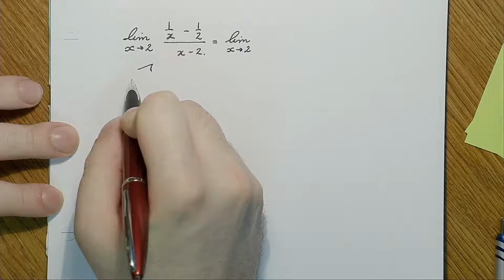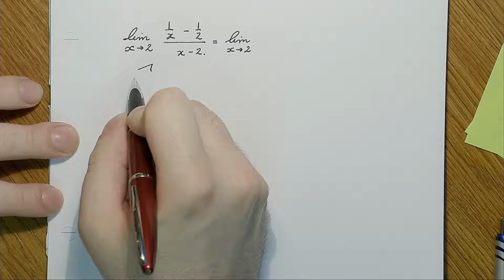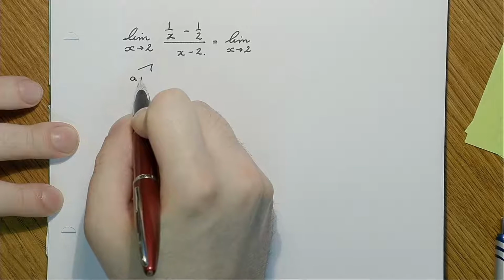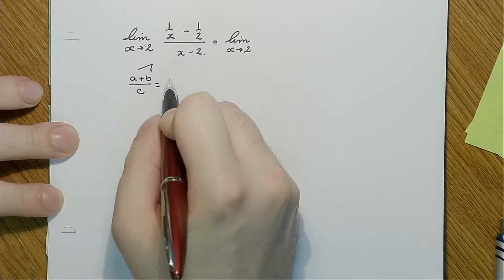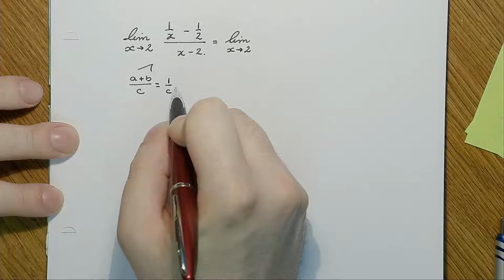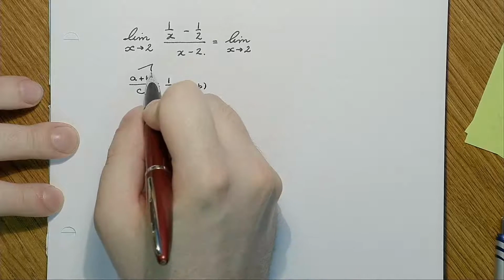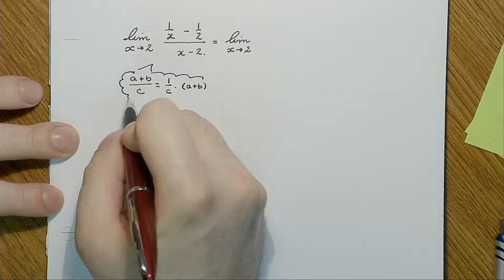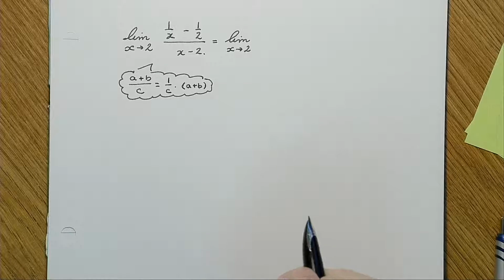I have a plus b over c. And everyone's okay if I wrote 1 over c times a plus b. So everyone's okay with that?